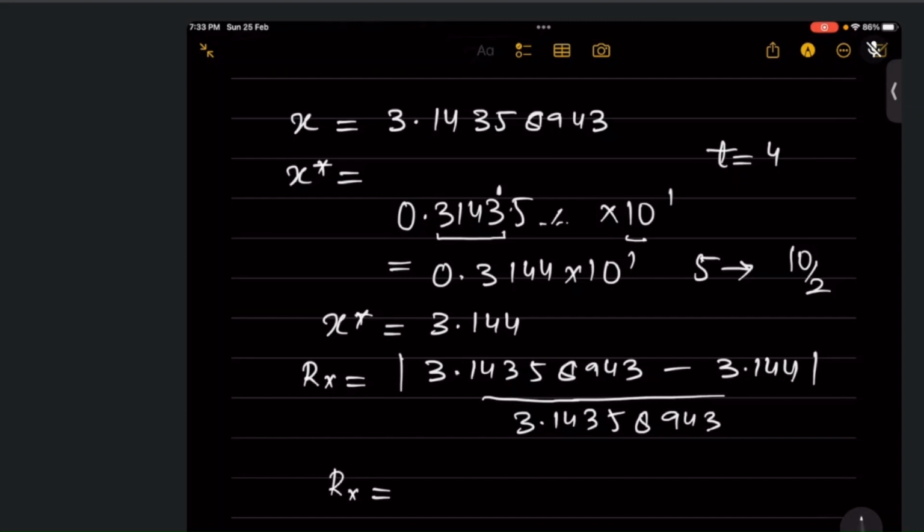One point 306 e power minus 4. No, I think that is wrong.